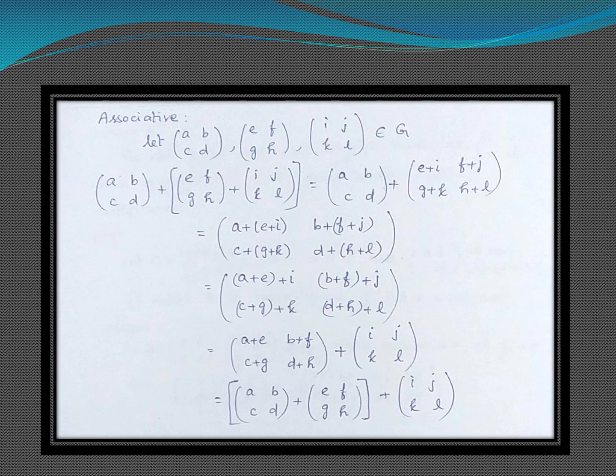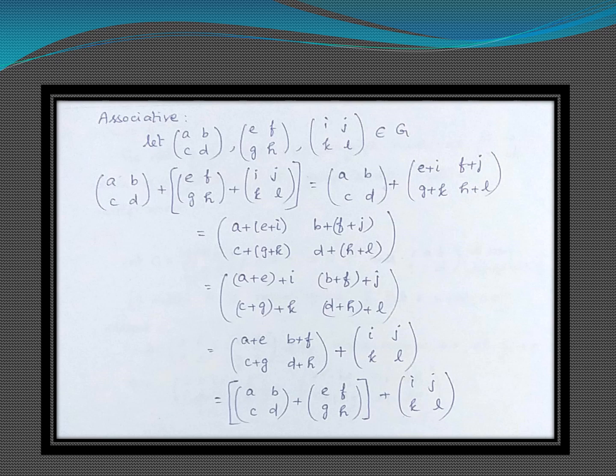It will become the matrix e plus i, f plus j, g plus k, h plus l equal to, now we are going to add these two matrices. It will become a plus e plus i, b plus f plus j, c plus g plus k, d plus h plus l, which is equal to, here I am using the property plus is associative in R. Because the entries are from R, we are going to use the property plus is associative in R.